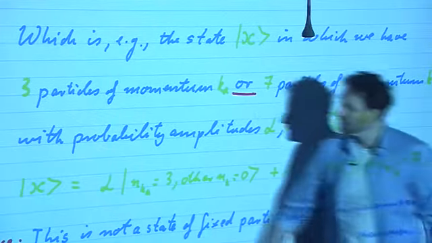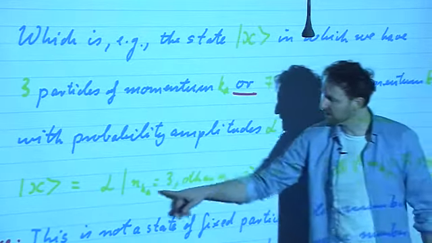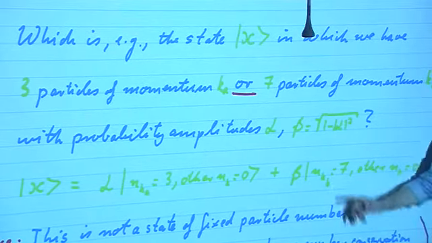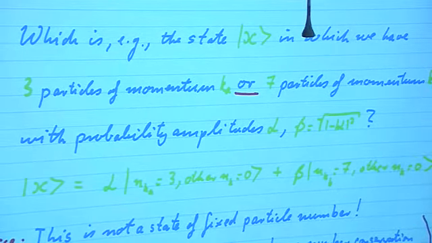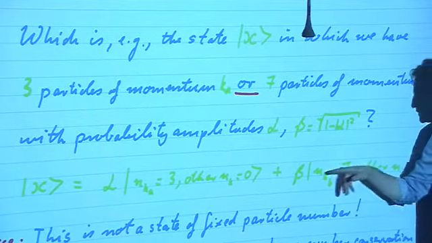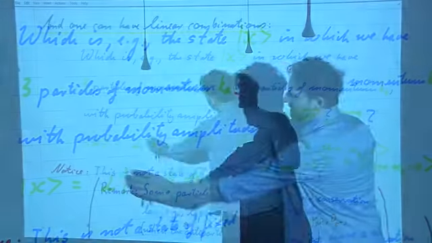In this case, the state of the quantum field is alpha times the state where all the harmonic oscillators are in their ground state except for the Ka mode, which is threefold excited, plus beta times the state of the quantum field where all the mode oscillators are in their ground state except for the Kb harmonic oscillator, which is sevenfold excited. Of course, this state is meant to be normalized, and so is this one.